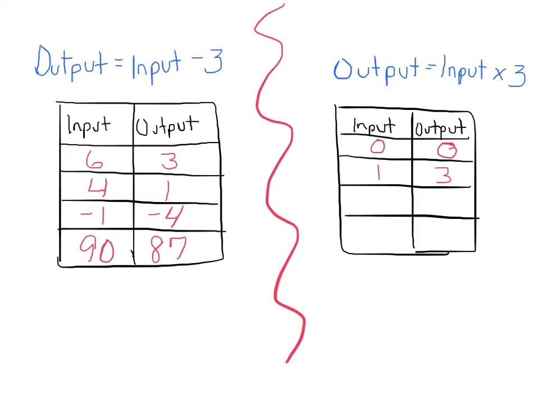My input is negative 2, multiplied by 3, I get negative 6. My input is 9, I multiply by 3, I get an output of 27. So I pick a number, put it in my input, let the function machine take effect, and then it gives me my outputs, which are directly related to the inputs.